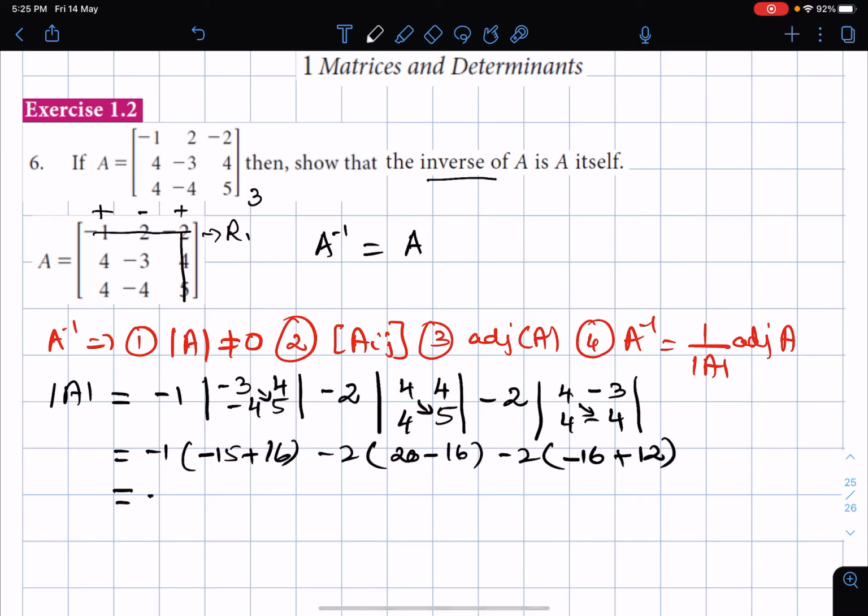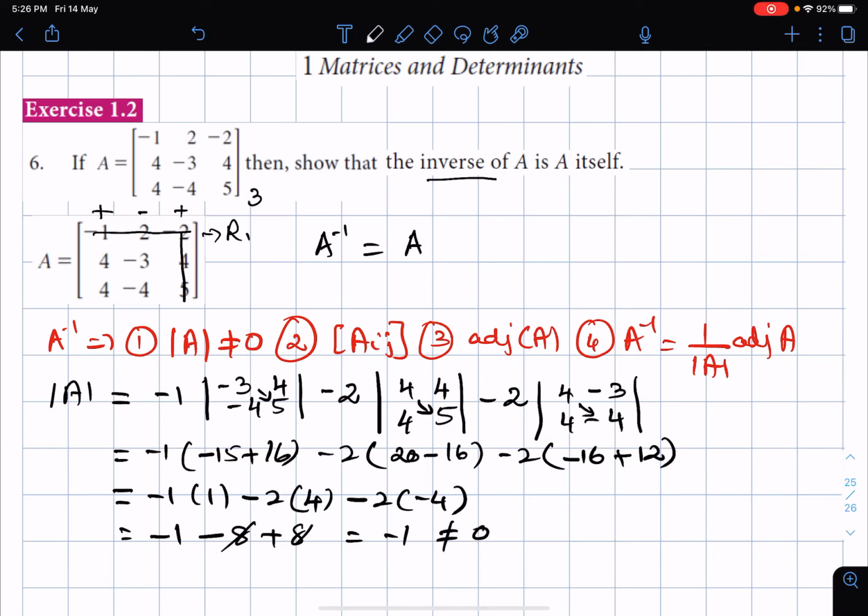So our answer is going to be minus 1 into 1, minus 2 into 4, and minus 2 into minus 4. So minus 1 into 1, minus 1, minus 8, minus into minus, plus 8. So 8 and 8 get cancelled. Our answer is going to be minus 1 not equal to 0.